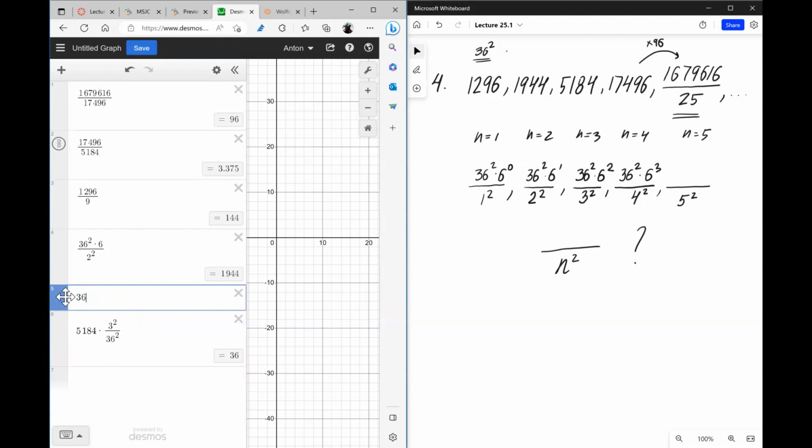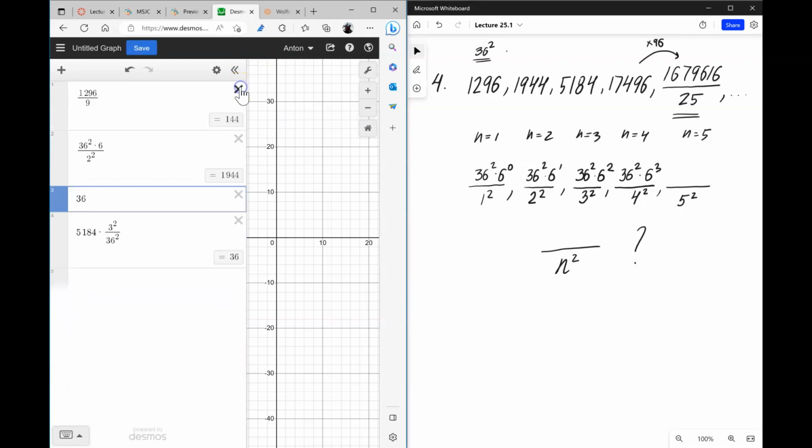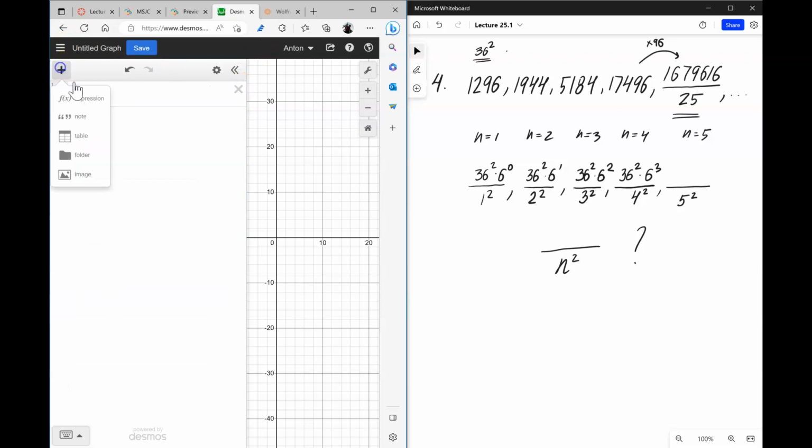36. Actually, you know what we can do here? We can type this table, type this formula. The formula that we think is going to work is 36 to the power 2 times 6 to the power n minus 1, and then we divide by n squared.